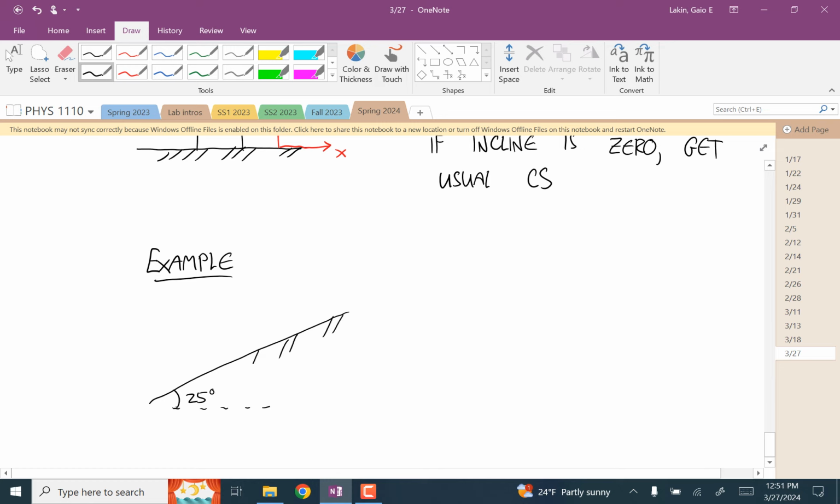There's no reason that the acceleration has to be the thing that you calculate. From any one equation, you can solve for any one variable.